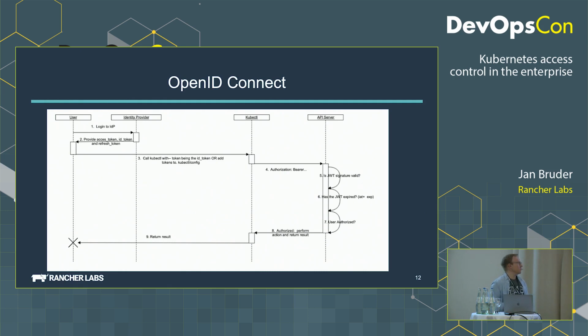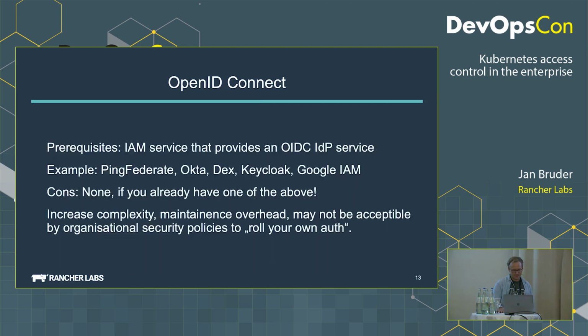Then every time he performs a request to the Kubernetes API server, the API server validates the signature of the JSON token. That signature is validated against a known CA, a known root certificate.